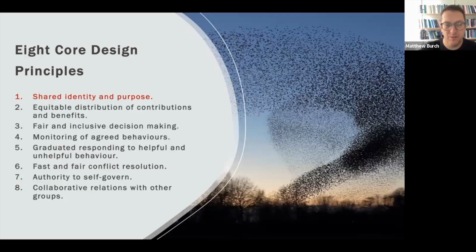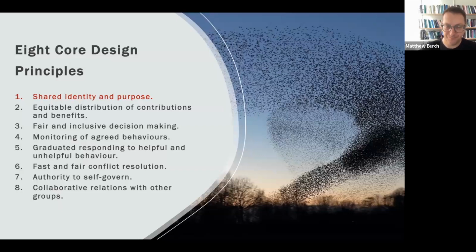And the tool that I want to talk about now is what they call the ACT matrix. This is a tool especially designed for trying to identify shared identity and purpose in a group. It's a way to basically identify the core purpose of the group that you're involved in.